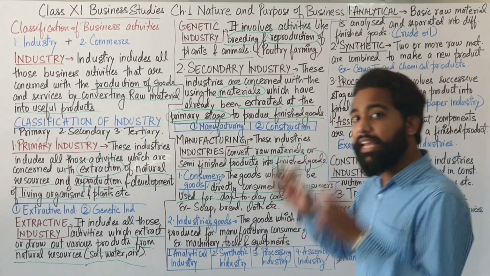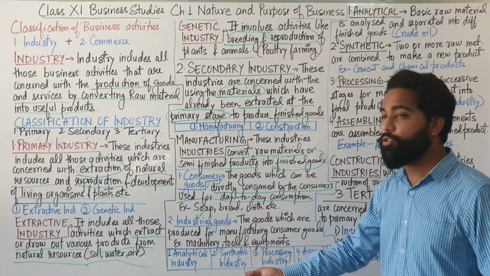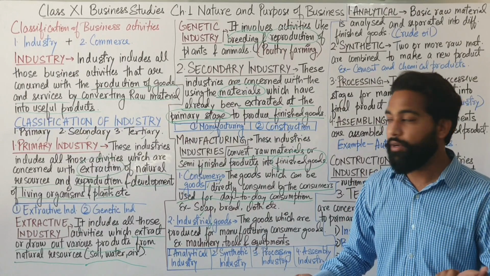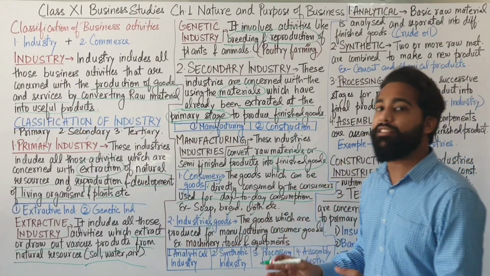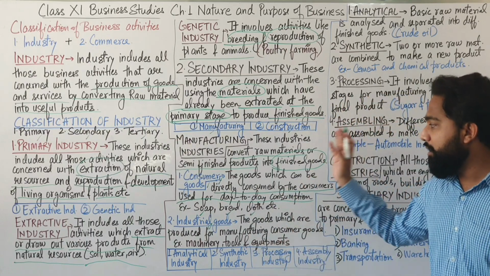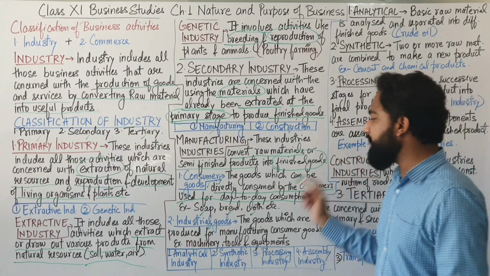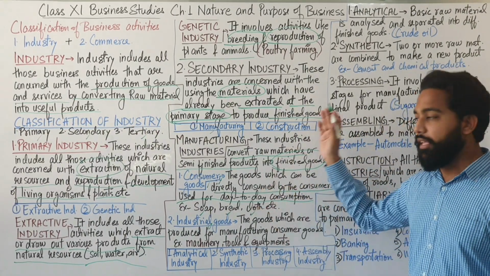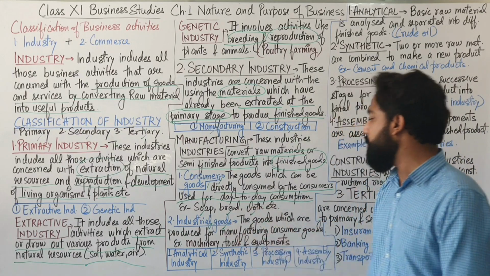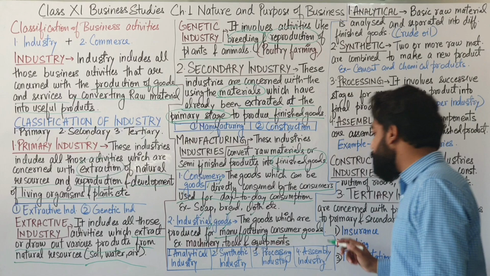We use them on a daily basis, like soap, bread, clothing. So those goods which can be directly consumed by the consumer are the consumer goods, and the other category of goods is industrial goods, the goods which are produced for manufacturing consumer goods.